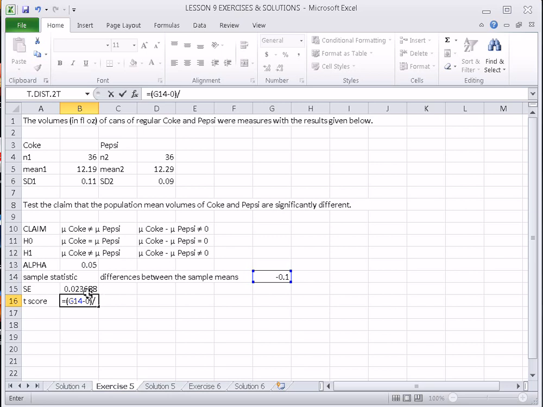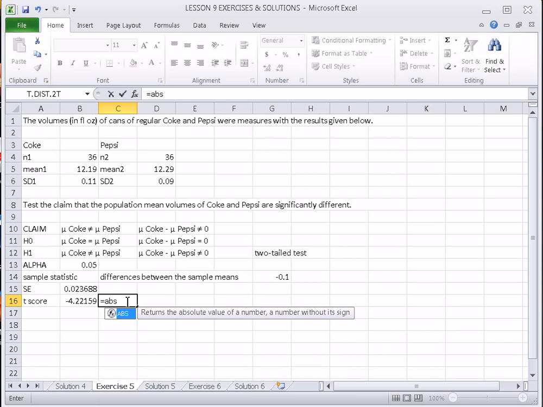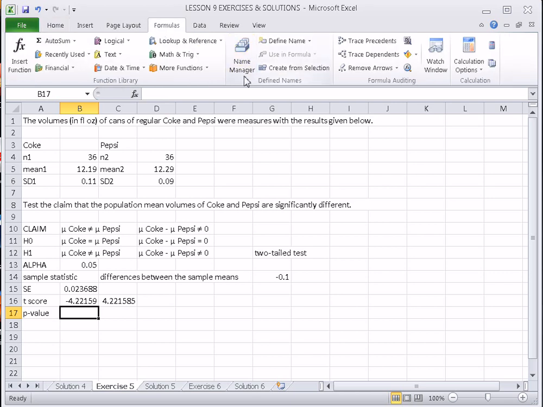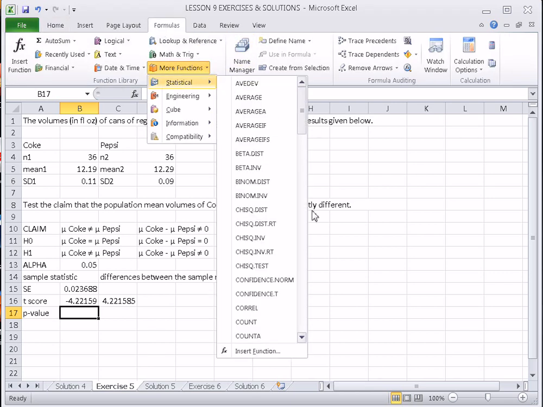Then we divide that by the standard error. We see we have a negative number. We remember that with two-tailed tests we have to use a positive value, so we'll just take the absolute value of that t-score. That's what we'll use when we find our p-value, which will require a t-dist two-tailed because it's two-tailed.